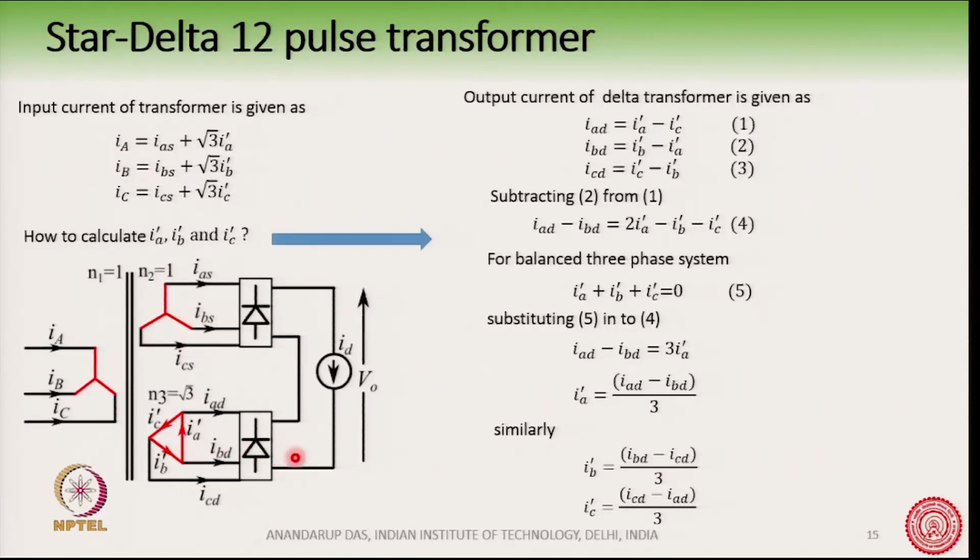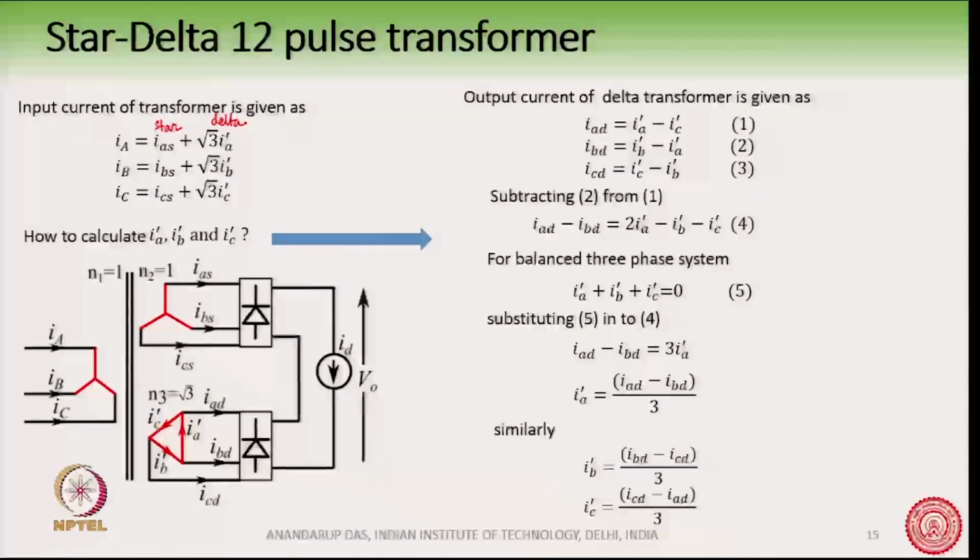So I capital A is IAS plus √3 times IA dash. This contribution is coming from the star, that is IAS, and this contribution is coming from the delta transformer.